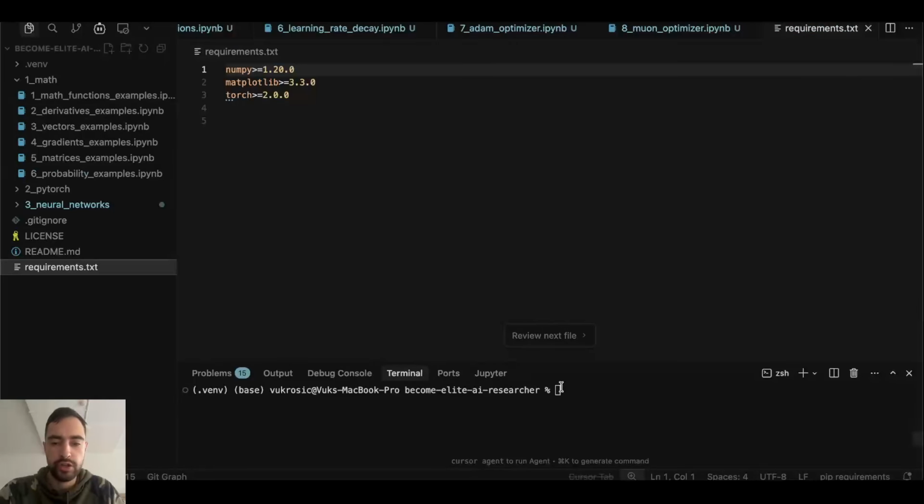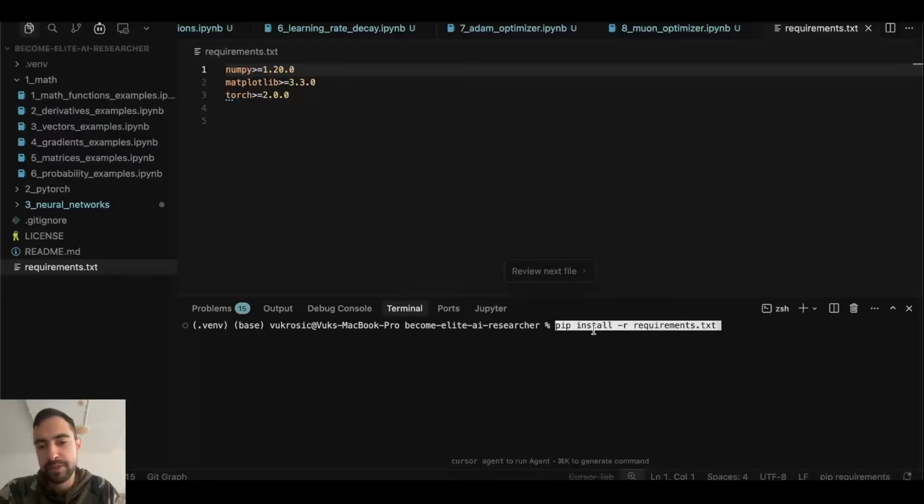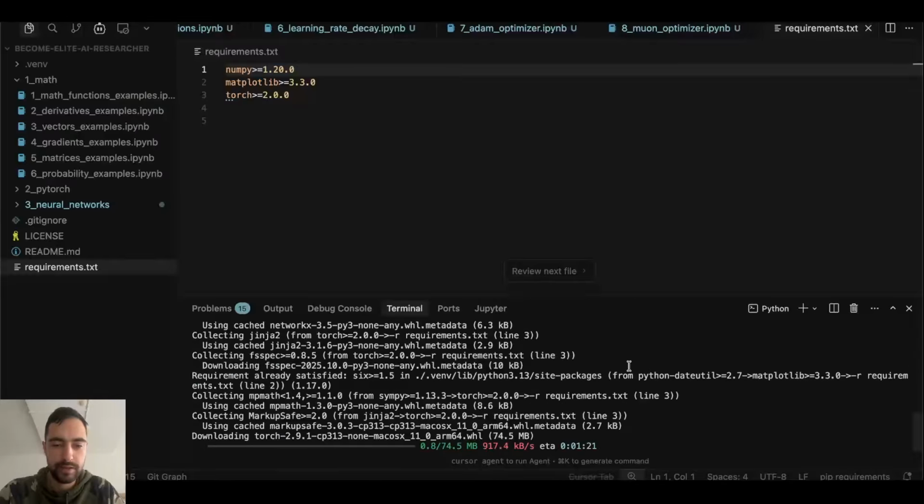So make sure you enter your console and are in the folder in which the requirements file is, the outside folder. Then I'm gonna say pip install -r requirements.txt, but make sure to create your environment first. Install this in a Python environment and then just press enter.